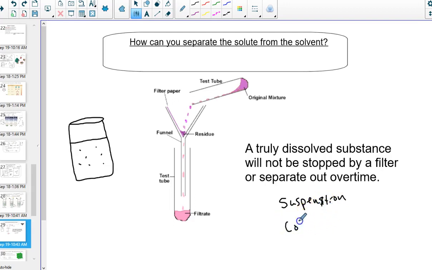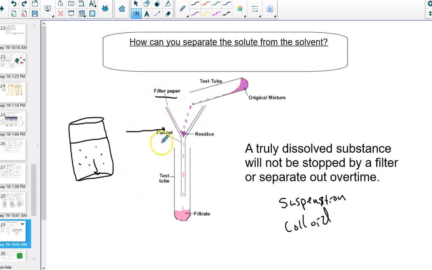You have a colloid. These are things that, based on the size of the particle and the mass particle, the weak attractions are holding them in there, but really over time, gravity is going to pull it out, and it'll eventually separate into 2 different situations.